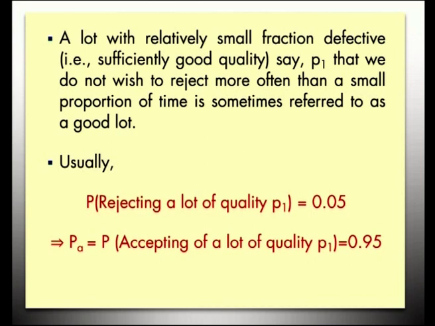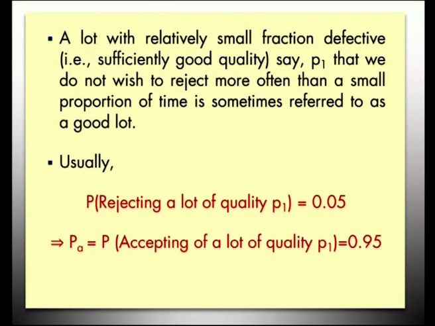We are leaving only 5% as the risk level, that is, we are not sure about what will happen in that 5%. We are 95% confident about the acceptance of the good lot, so a percentage of acceptance is prescribed.